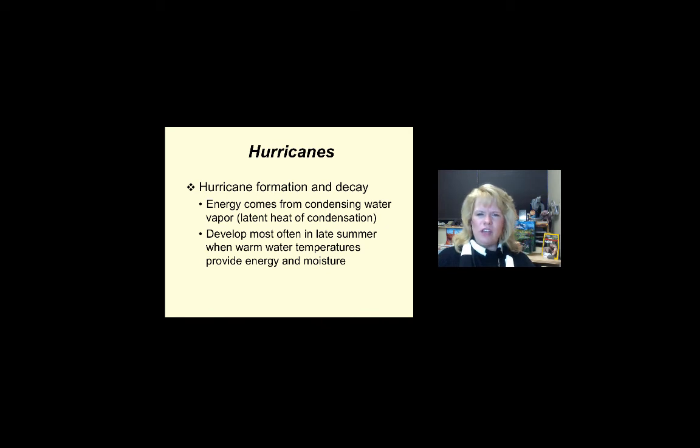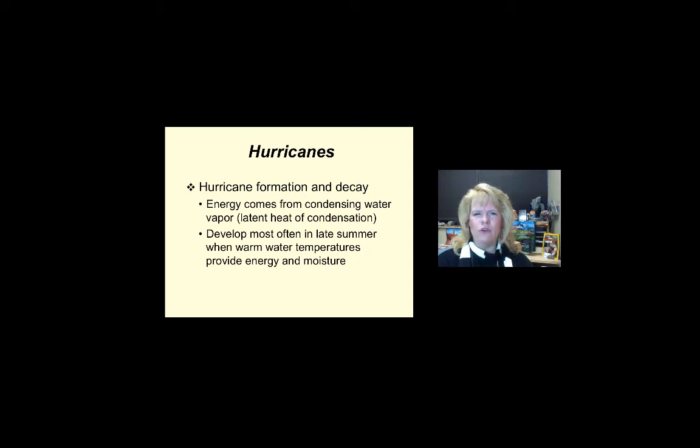So where does the energy come for hurricane? It comes from that latent heat of condensation. Remember learning about that earlier on in meteorology? That's that hidden heat, that's that transfer of heat going from one type of solid to a liquid, liquid to a solid, vapor, solid, back and forth, those rotations of the energy stored in water.